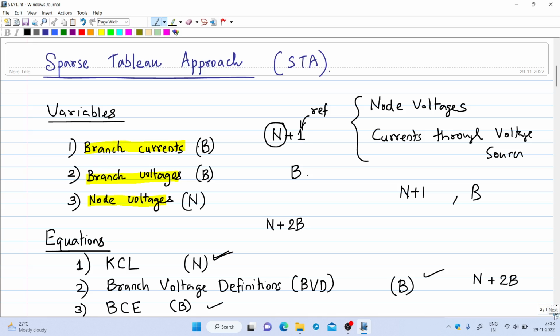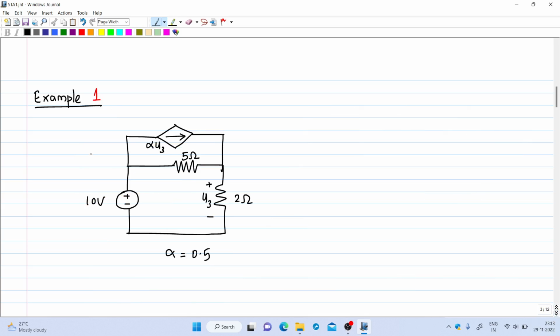Now let us illustrate this approach with the help of an example. A circuit diagram is shown here. We have to write the Sparse Tableau approach equations. So let us identify the variables first. Node voltages are variables.